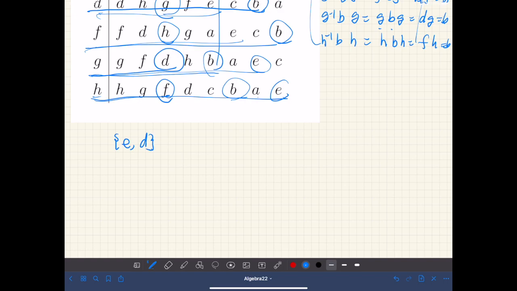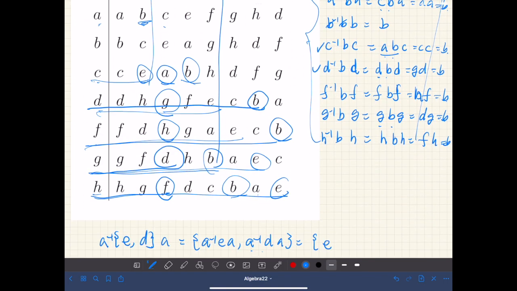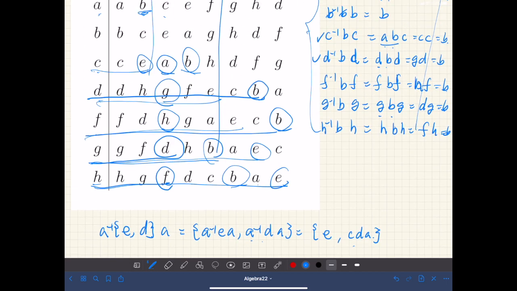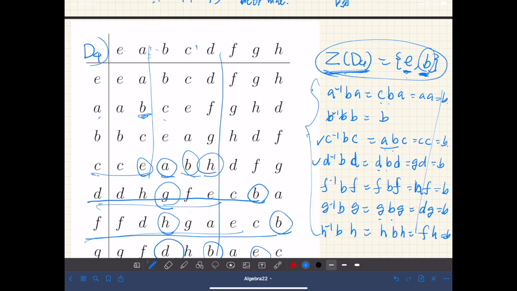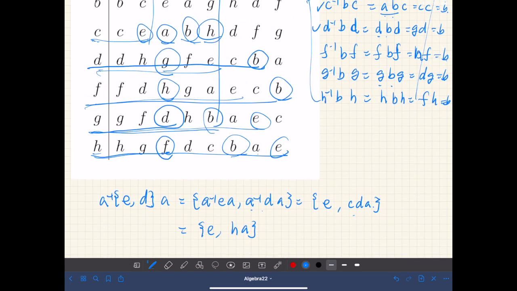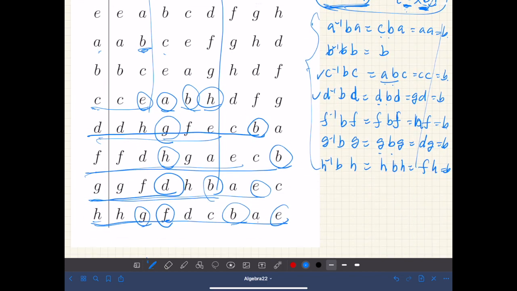For this one, if we multiply A inverse and A, we have A inverse E A, and A inverse D A. And that is E, and A inverse is C. So C D A, and CD is H, HA, and HA is G.